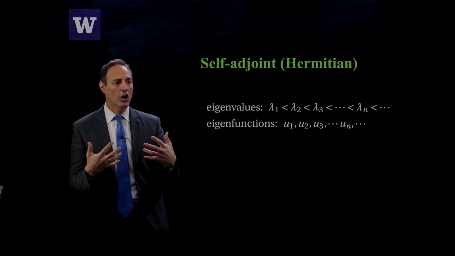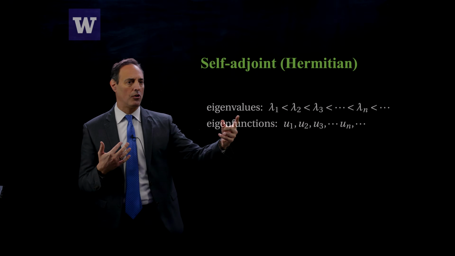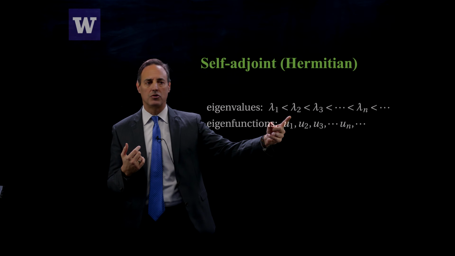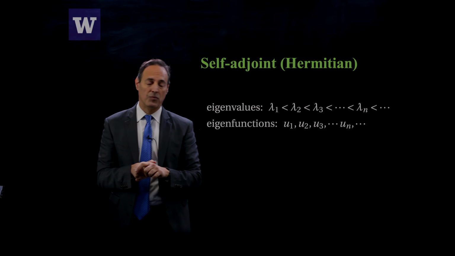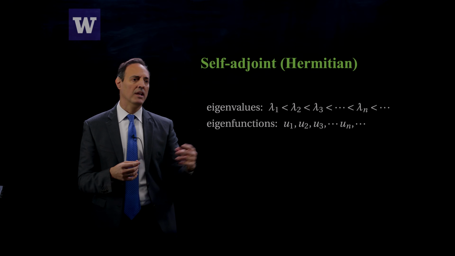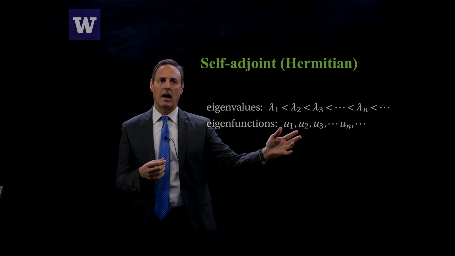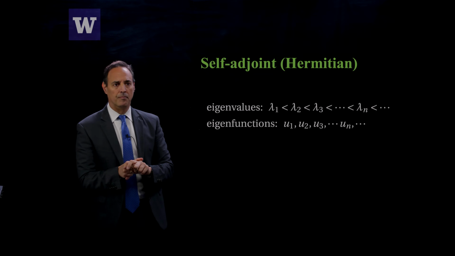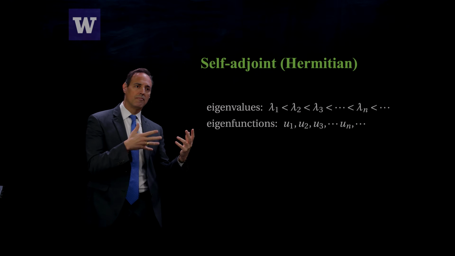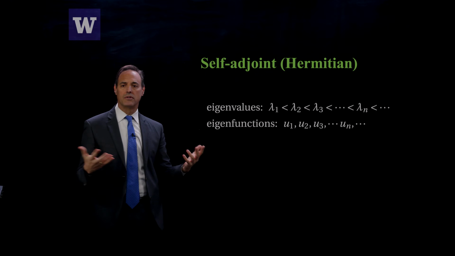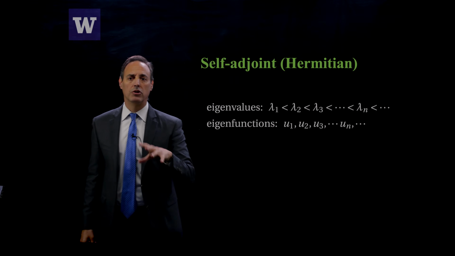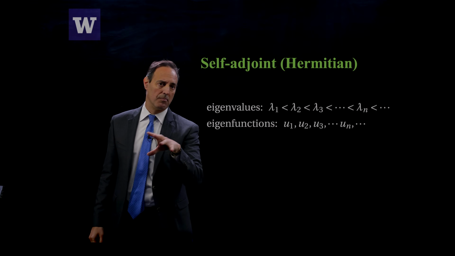In particular, we find a set of eigenvalues that are ordered, lambda 1 bigger than lambda 2, all the way up to infinity. We have an infinite number of solutions, by the way, with associated eigenfunctions. And we can say some very nice things about these eigenvalues and eigenfunctions that we're going to be using to build our solutions out of.